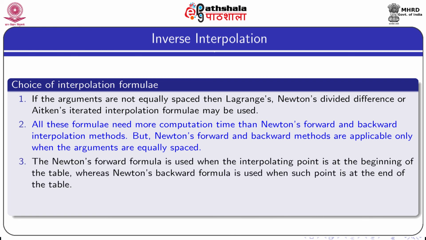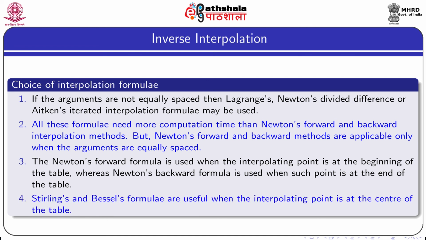Newton's forward formula is used when the interpolating point is at the beginning of the table, whereas Newton's backward formula is used when such a point is at the end of the table. Other interpolation formulas were also derived in previous modules. These are the Stirling and Bessel formulas, called the central difference interpolation formulas, and they are useful when the interpolating point is at the center of the table.